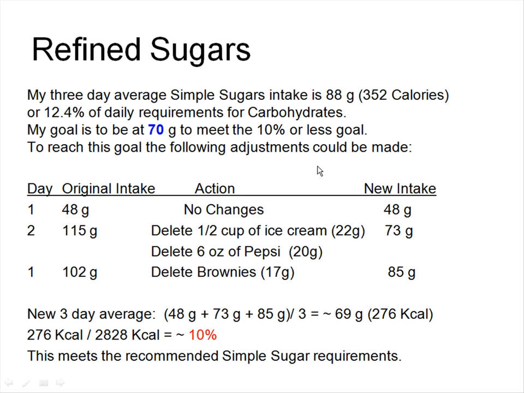Because 28 divided by 4 is 7, so 282 divided by 4 would give you about 70. So this is my goal, to meet 70.